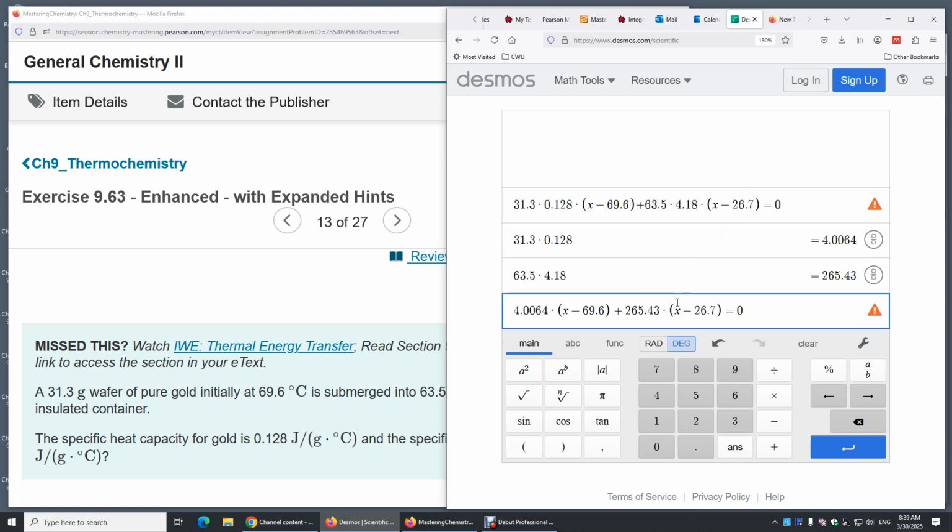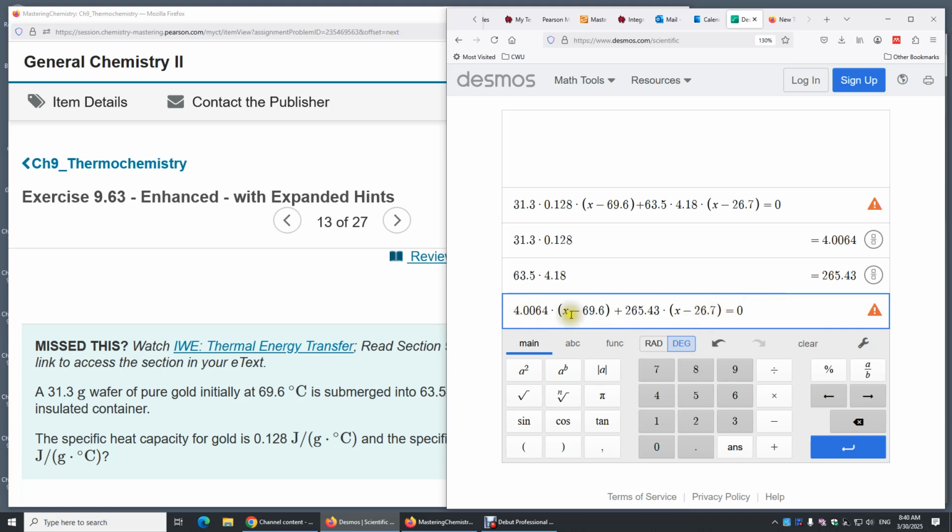Alright, we need to solve this equation. And what we're going to do is multiply this 4.0064 to this, and this. We multiply this, we multiply this. We'll get 4 terms, 2 of which contain x. The other 2 are just numbers.